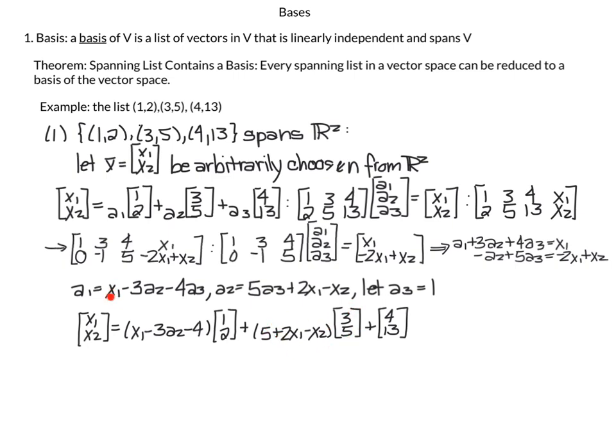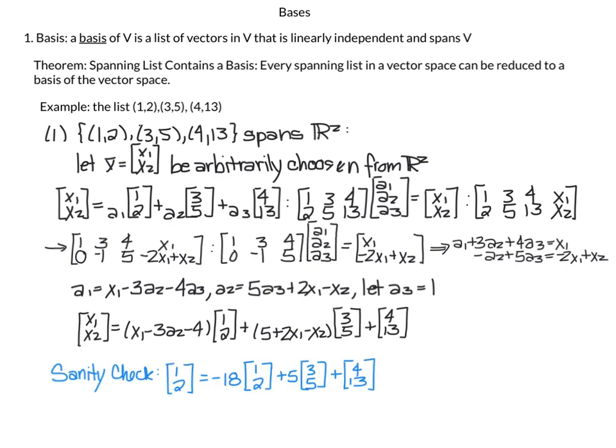And finally, my coefficient for A1 is x1 minus 3A2 minus 4A3, and A3 is equal to 1, so it's minus 4 times our vector 1, 2. And I can also replace this A2 here with this form so that I can get rid of A1 and A2 and only have A1, A2, and A3 in terms of constants in x1, x2, but I just left it in this form for now.